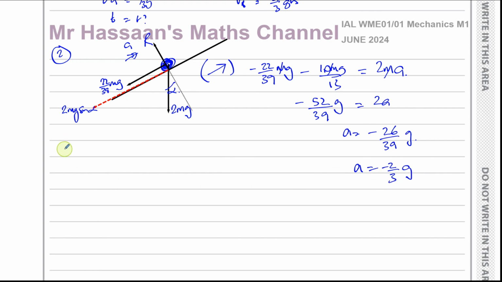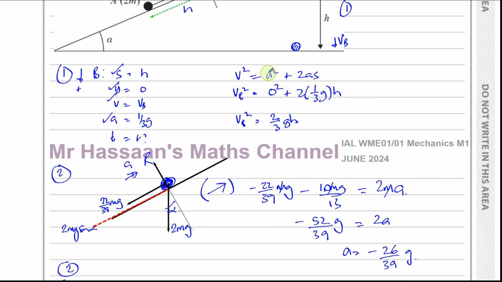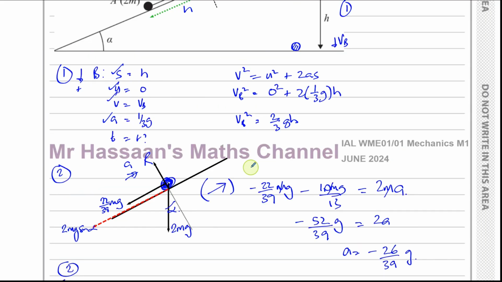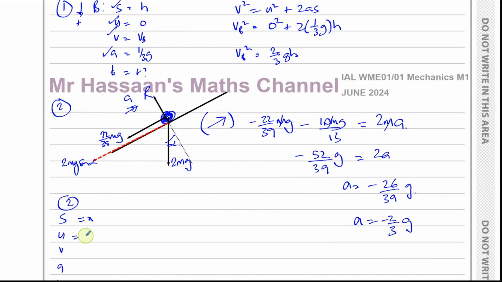So now we can see the new situation. We have S, U, V, A, T. Now S is the distance it's going to move up before coming to rest, which I've called X on my diagram. And U is the speed with which B hit the ground, which is going to be the square root of 2/3 of gh.